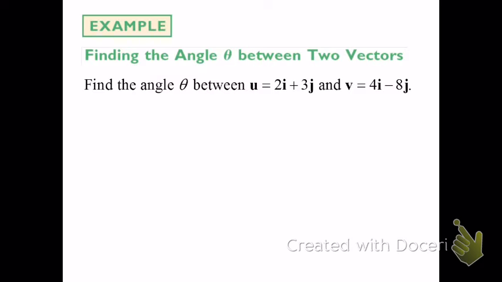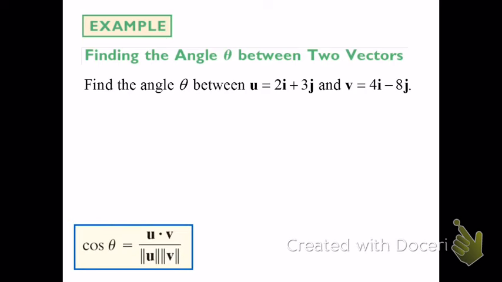So what if we have these two vectors? I want to find the angle theta between the two vectors. Why don't we go ahead and graph these roughly over here just to make sure that we know what we're looking at. So I'm going to just make a small graph over here. Take a look at these two.